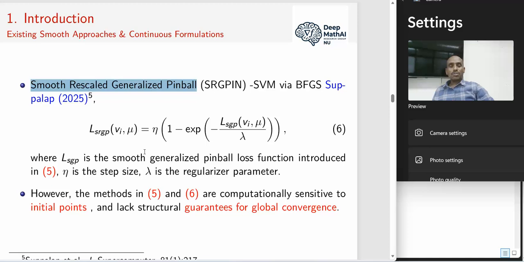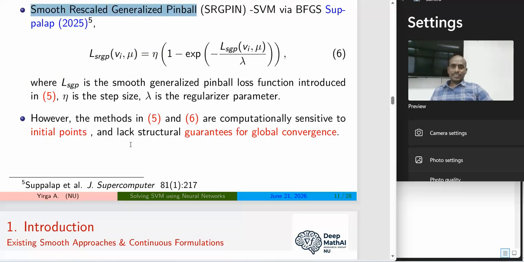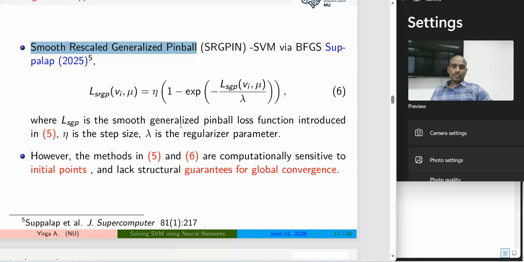So these are some of the traditional improvements of the generalized pinball loss. But the BFGS method of solving, or the traditional methods of solving these problems, do not guarantee global convergence, and they are initial point dependent methods.